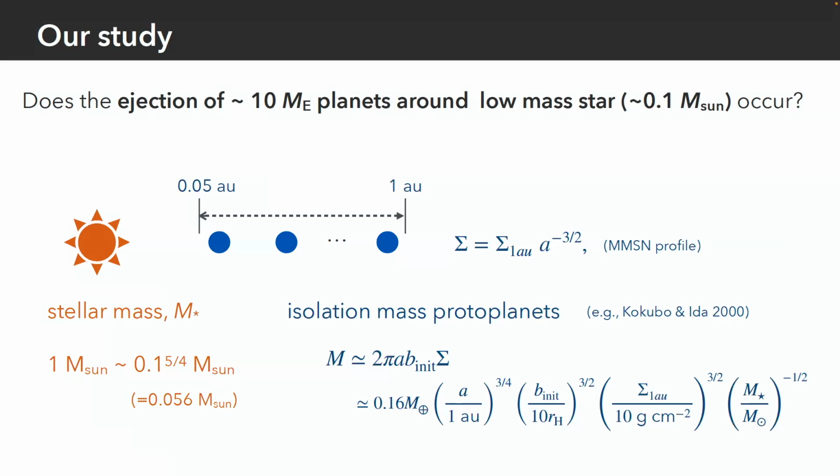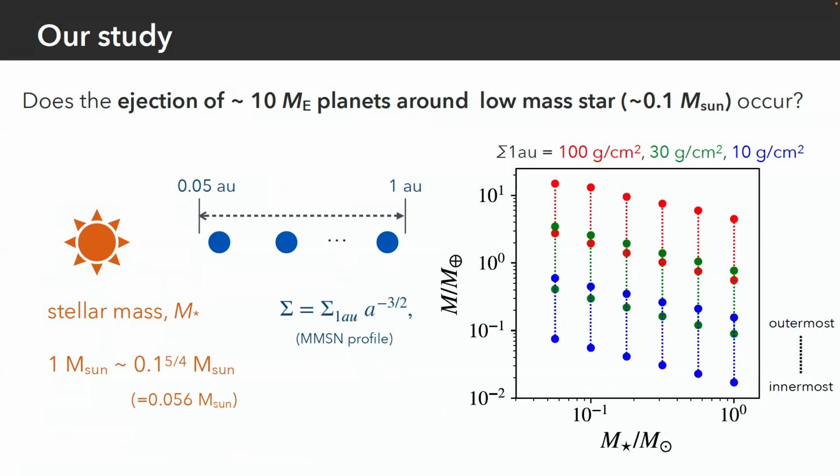We put planetary embryos at isolation mass according to the MMSN, the minimum mass solar nebula profile, which depends on the stellar mass. This is our initial embryo distribution: the innermost planet is the smallest and the outermost is the most massive.